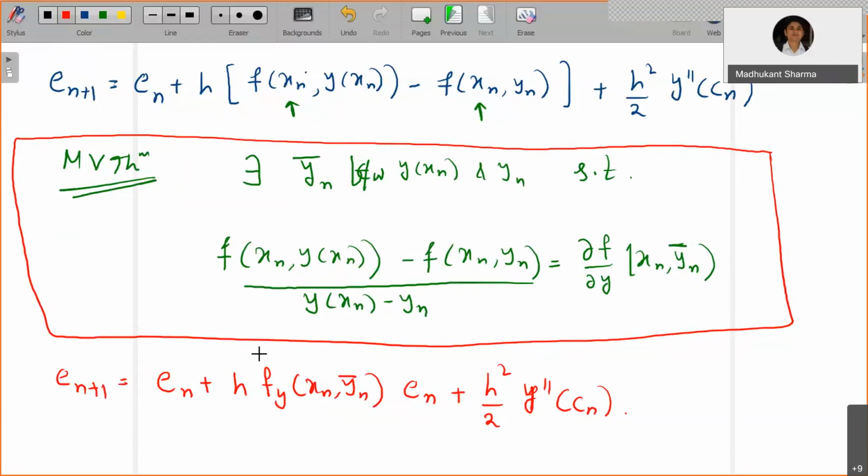It should not blow up. So we are going to assume that this partial derivative of f with respect to y remains bounded, and assume that the second derivative is also bounded. Because we can evaluate the second derivative by using the definition of f.